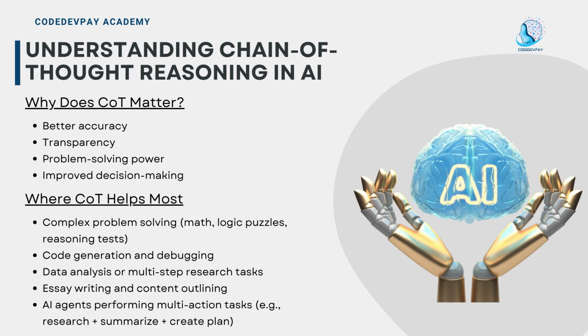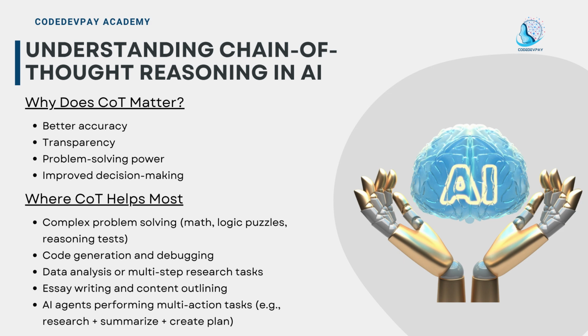You also have self consistency. That is, the AI generates multiple reasoning paths and picks the most consistent answer. The third one is tree of thoughts. Like COT, but this one explores multiple reasoning branches before deciding. A tree branches, you get it.